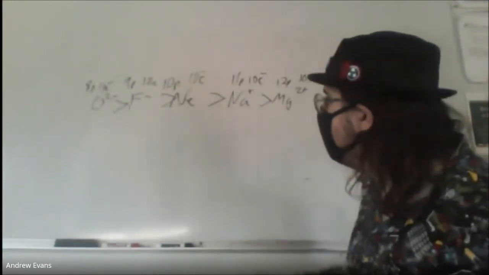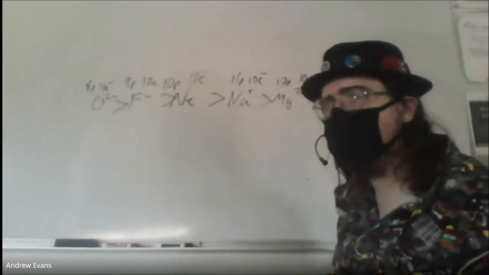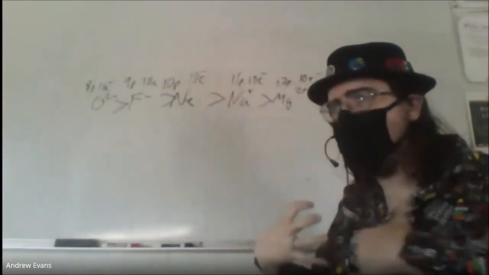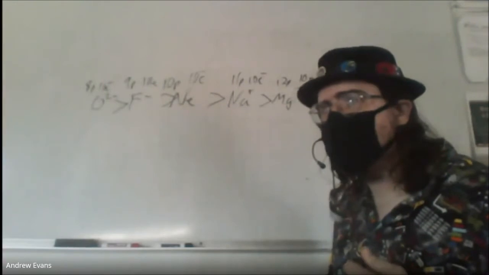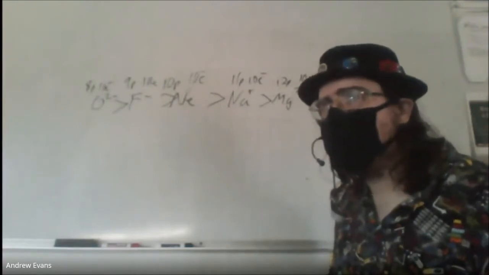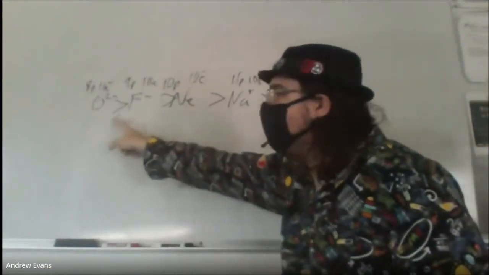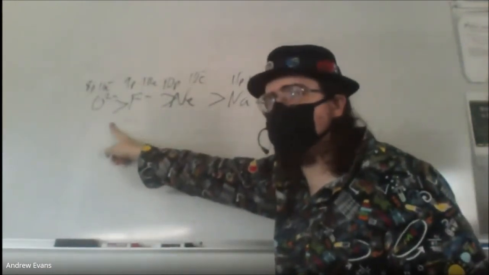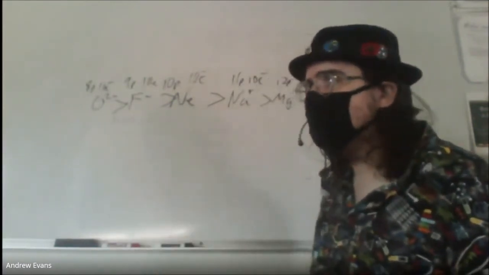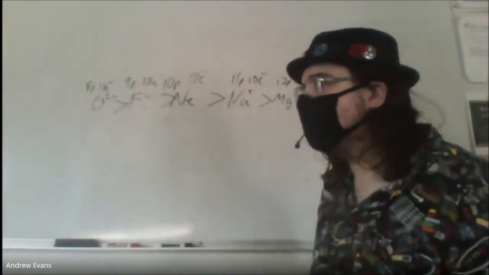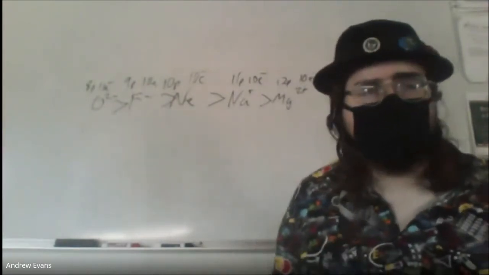If you want to look at it in terms of protons, the bigger the proton count, the more they can pull in and attract those electrons. We've got a lot of positives pulling on 10 negatives. Here, we have a lot fewer positives pulling on 10 negatives. And so these are able to pull away and spread out that much more.